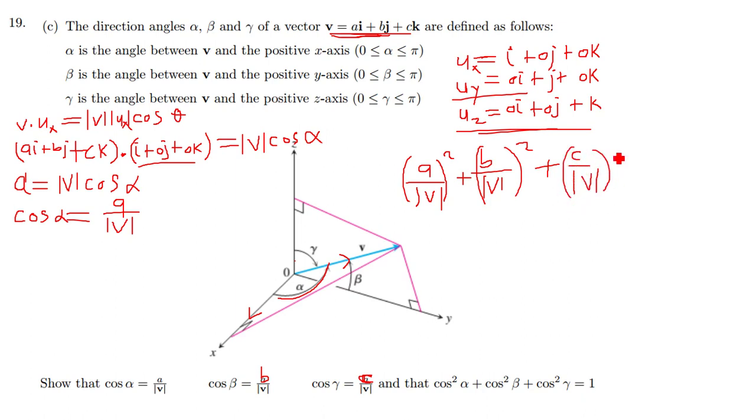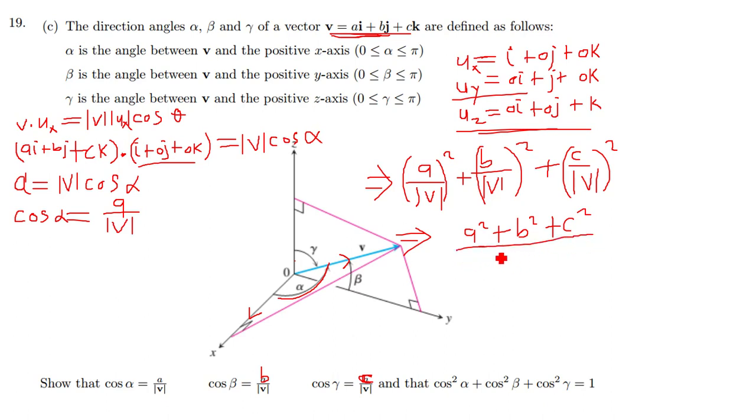We're trying to show that this will give us 1. So on top we're going to have a squared plus b squared plus c squared, and then everything over the magnitude of v squared.